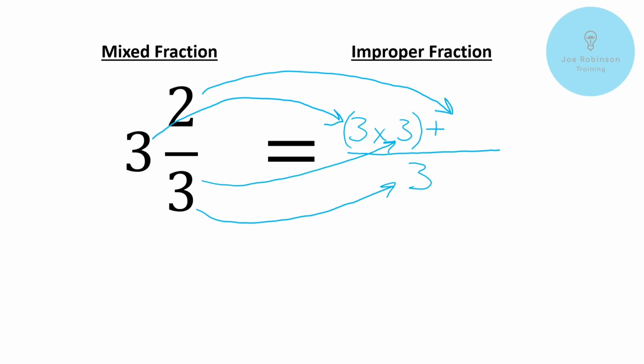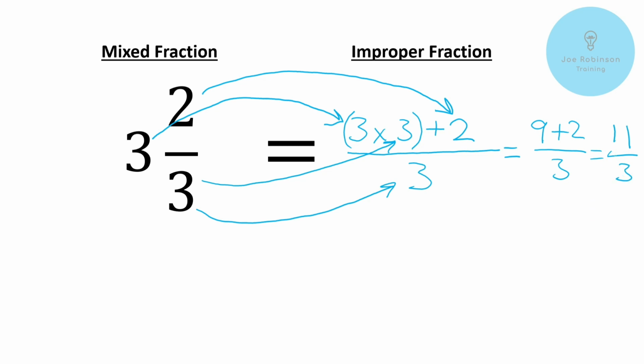That might look quite complicated to start with, and it seems like we've made this more complicated than it was before, but all we've got to do now is the calculation on the top line. 3 times 3 gives us 9, and then plus 2 over 3, and of course 9 plus 2 is going to give us 11 over 3, and that is actually the answer.